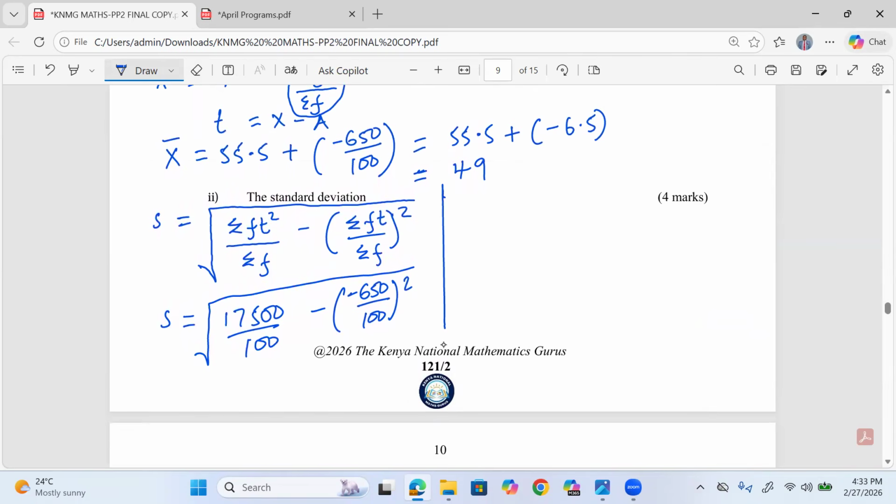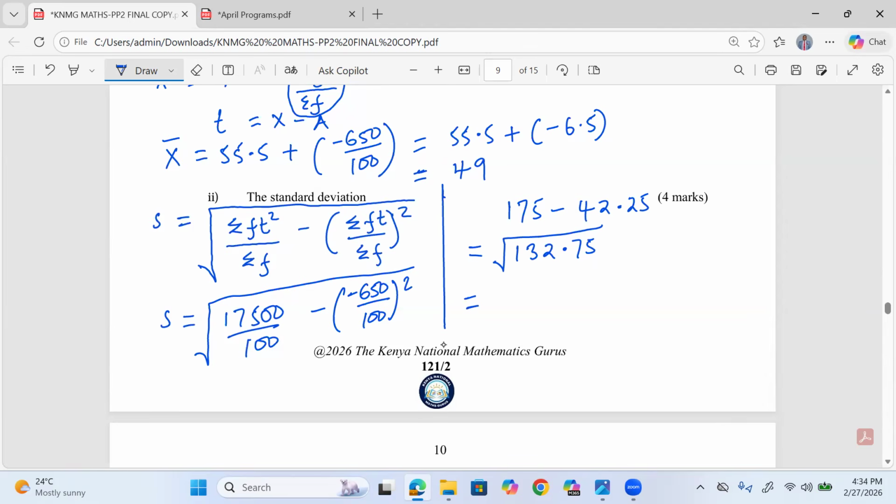Let us now work out this part. We divide by 100. This is 175 minus, when we take 6.5 and we square, I'm getting 42.25. So after taking the difference, I'm having the square root of 132.75.